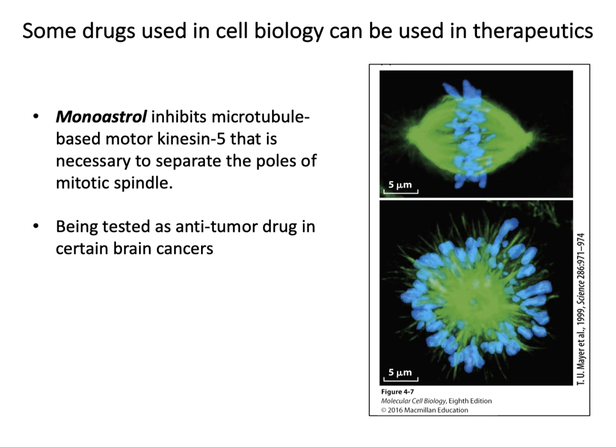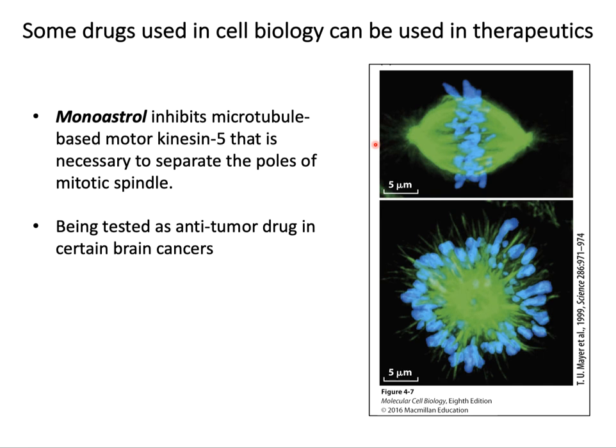Monastrol is a drug that inhibits a motor protein known as kinesin 5 associated with microtubules. We will talk about this in detail when we study the cytoskeleton. In brief, the kinesin 5 motor is necessary to push the spindle poles apart to form a mitotic spindle that is needed for the chromosomal segregation during cell division or in mitosis.